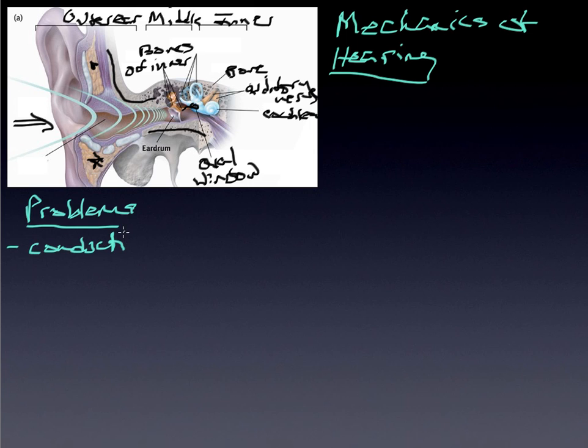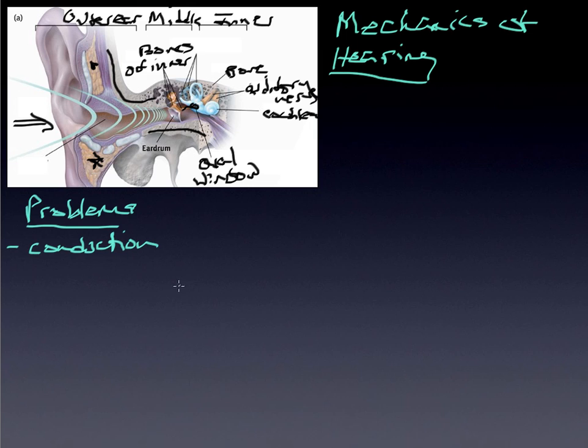Now, when you hear conduction, the first thing you should cultivate in your mind is what's conducting what, in a sense. It gives you an idea of where the problem begins to arise.